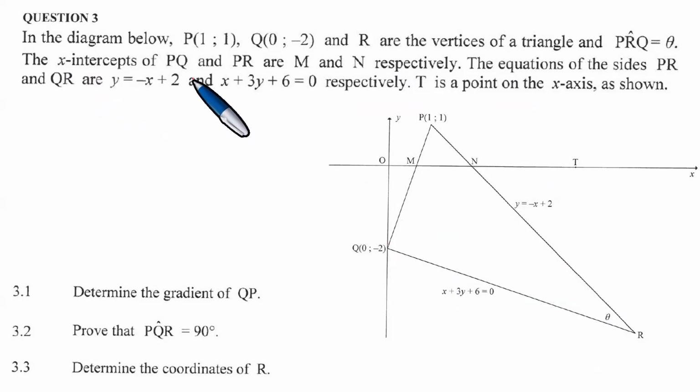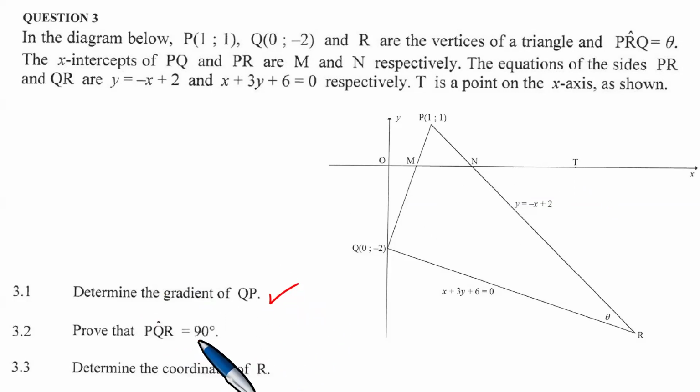The x-intercepts of PQ and PR are M and N respectively. The equations of the sides PR and QR are these respectively. T is a point on the x-axis as shown. Determine the gradient of the line QP.